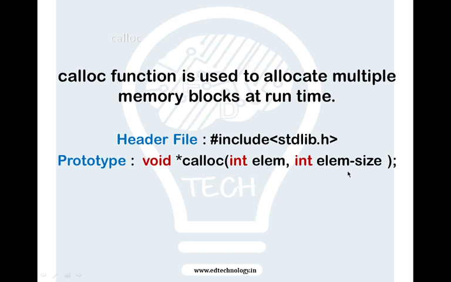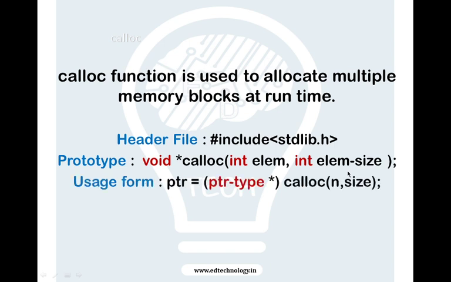We will see this with an example for you to understand well. The usage form is that we declare n and size. Remember, in malloc we were only giving the size. Here we are giving the number of elements and the size. That's the difference from the earlier function malloc.